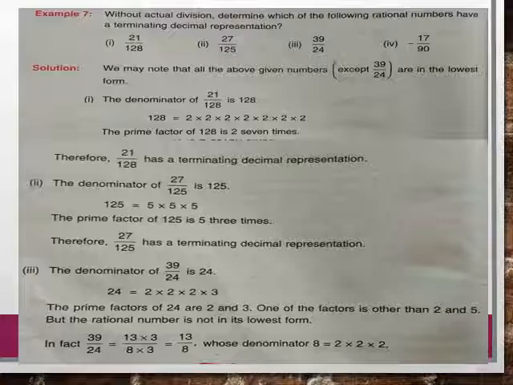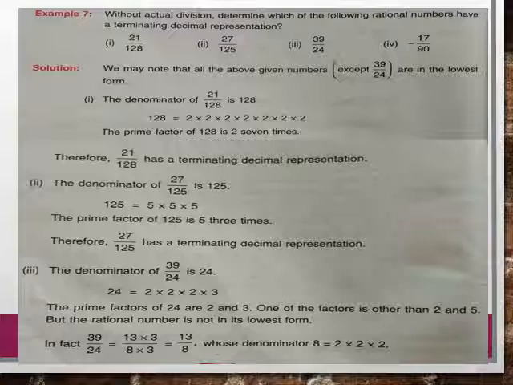Now see the next example, 39 upon 24. In 39 upon 24, what have we seen? 24 contains the factors 2 and 3. But we want only 2 or 5 if it is terminating type. So here the prime factors of 24 are 2 and 3. One factor is other than 2 and 5, but this rational number is not in the lowest form.